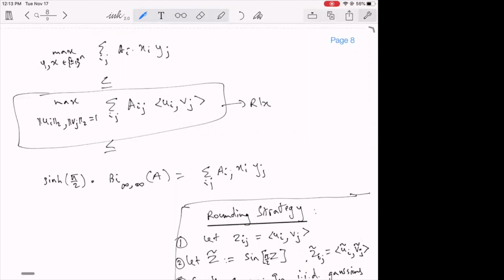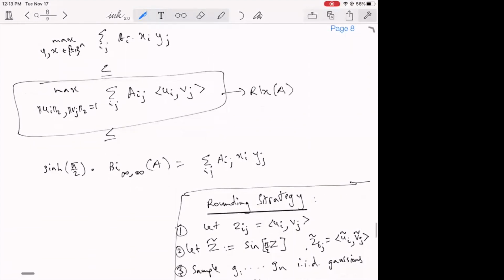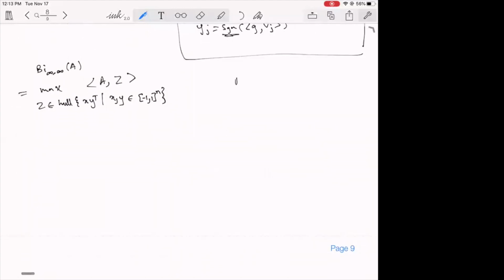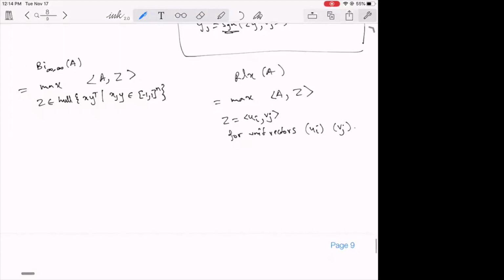Let's call it RLX of A. Note that we can rewrite RLX of A as the maximum of A inner product Z, such that Z can be written as ui inner product vj for unit vectors ui, vj.